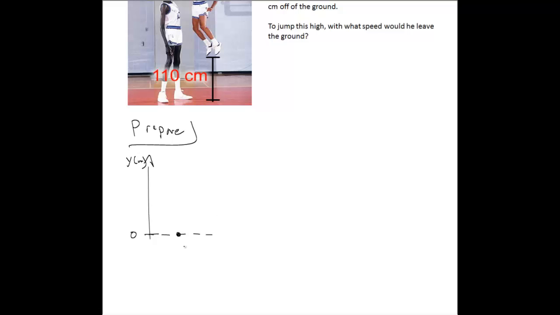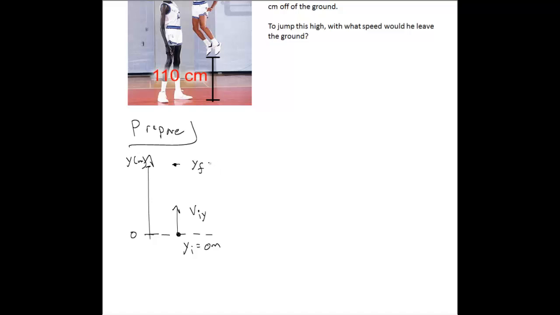So his feet start out, say, at the ground, and he's moving up with some initial velocity. Let's avoid the complications with the fact that he's bending his knees and jumping. We're just going to look at his feet as he's jumping and assume that he's just a particle, a dot, as he's jumping. And at some point, he's going to reach his maximum height, where his feet are 110 centimeters off the ground.